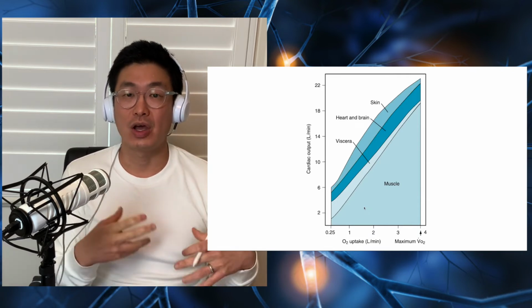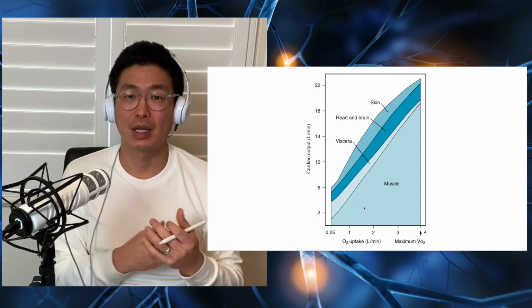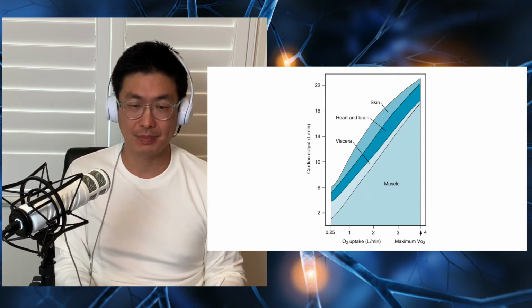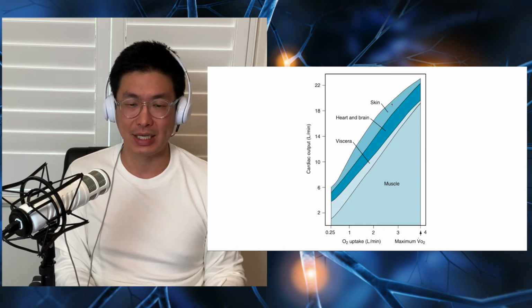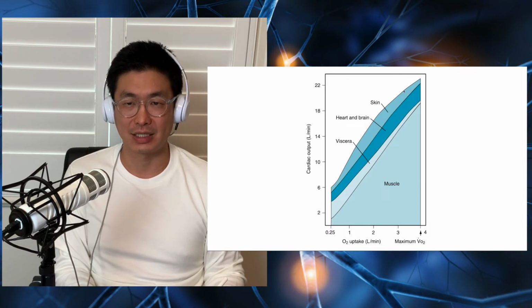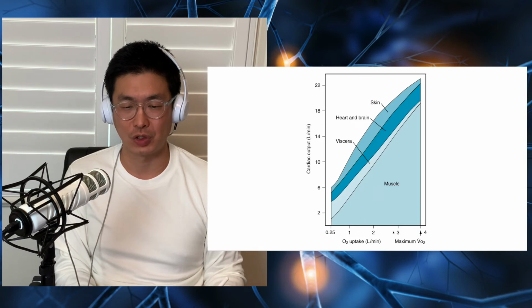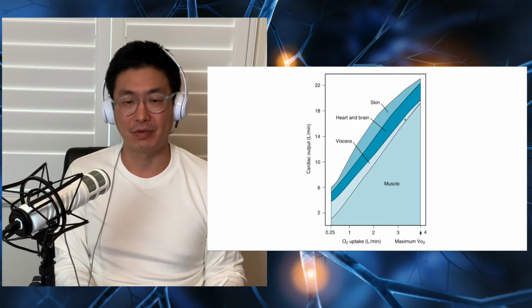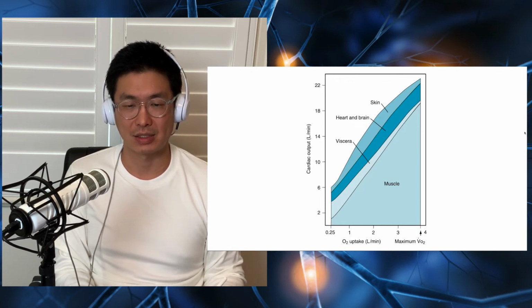And then you also have blood flow initially increasing to the skin. That's to do with heat loss. But as you increase the intensity, you can see that skin blood flow actually starts decreasing and constricting as you reach your VO2 max. And the heart and the brain remain fairly constant and don't change much with exercise.